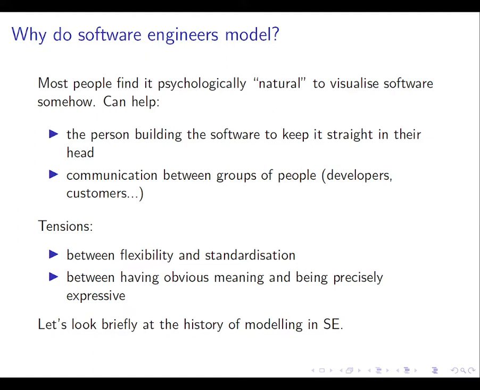We also have a tension between the notation having an obvious meaning, so for example having a notation which is quick and easy to learn and which people have no difficulty in understanding the precise meaning of, versus something being precisely expressive. So this is largely about, to what extent do we want to be able to say, no, that model is wrong, you are using the modelling language incorrectly.